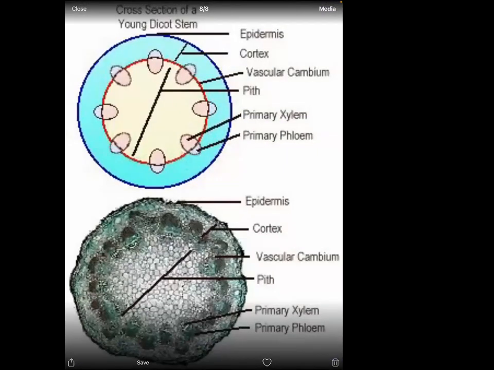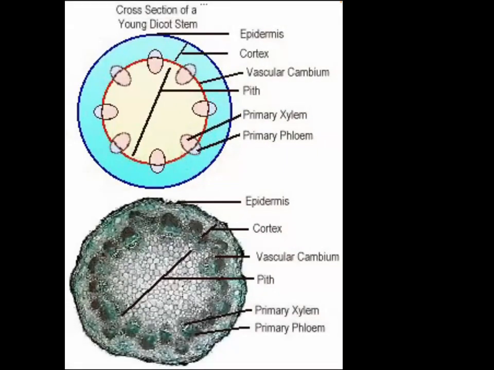I think you can see the lower picture looks more like it is from a light microscope. So you will never be able to see anything clearly differentiated. You just have to guess, okay? So the middle, all these cells, all these circles, that's the pith.